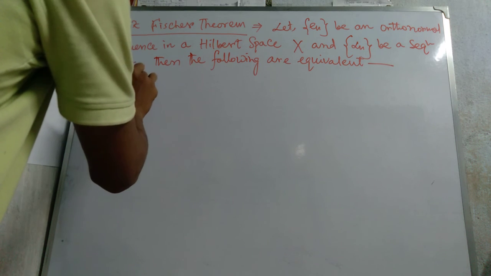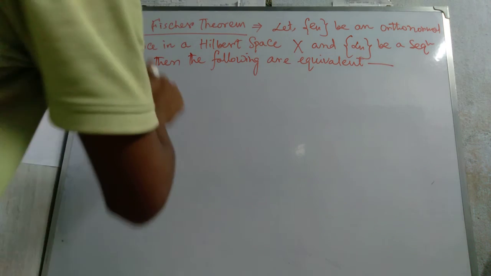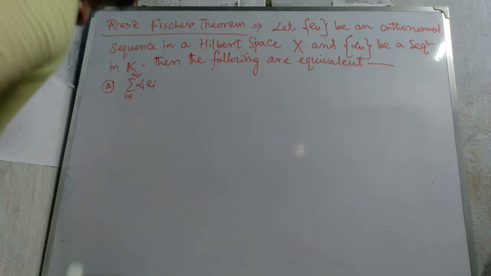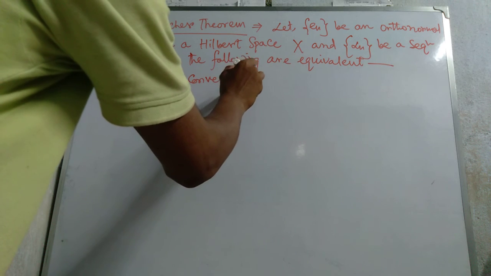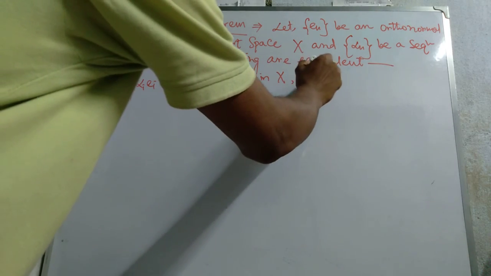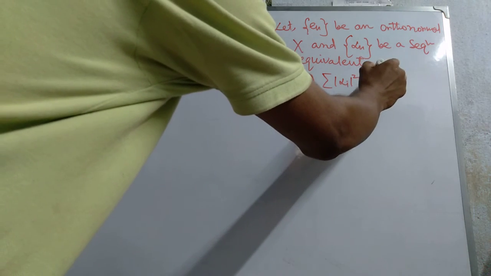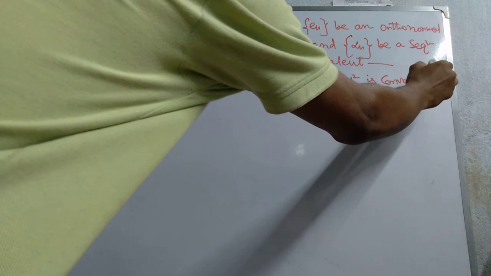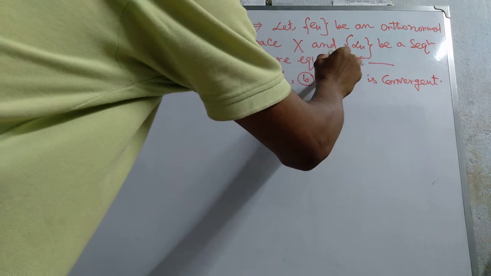First, the summation of alpha i Ei, i equal to 1 to n or 1 to infinity, is convergent in X. And number 2, the summation of the norm of alpha i squared is convergent.